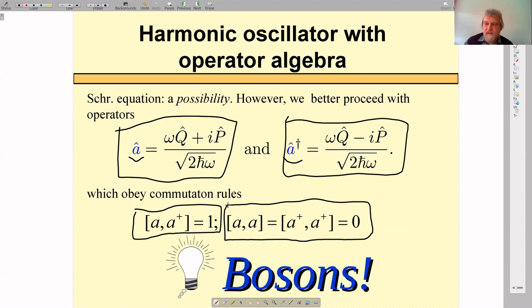Exciting the oscillator, we just add particles into this oscillator. Reducing its energy, we just annihilate some particles in the oscillator state. That's a kind of simple picture of quantization. Good.